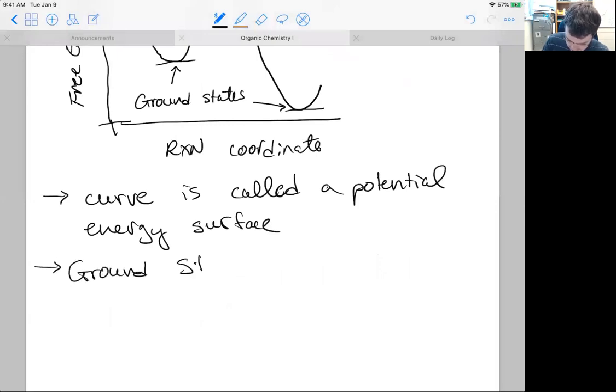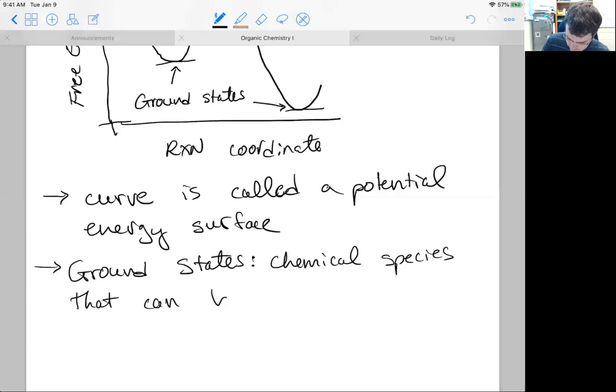Let's start with the ground states. Experimentally, ground states are chemical species that can be isolated.